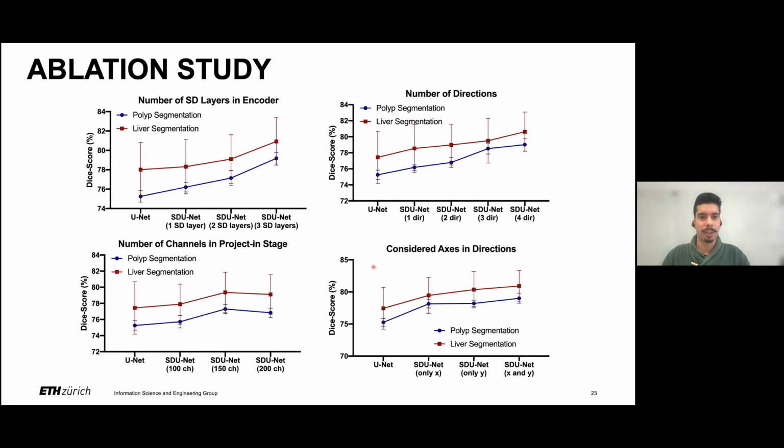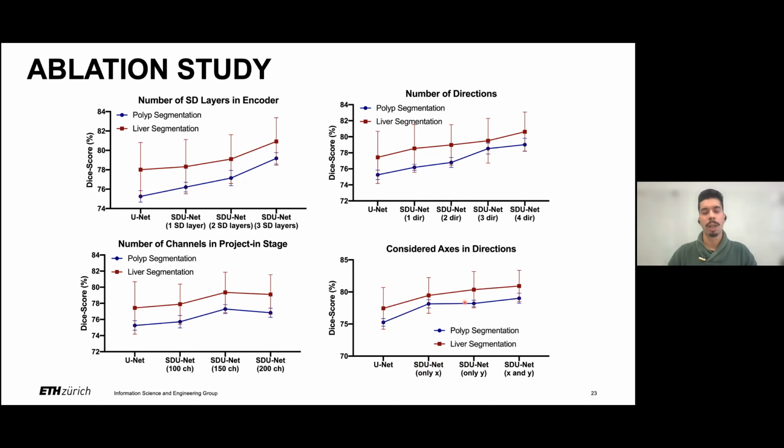Here, if we look at the axes that are considered, if we compare the UNet to the STUNet with only the X axis, you see an increase for both of the data sets. But when we compare this to only the Y-axis, we see that for polyps there is not such an increase. It might be because this kind of structure has none of these directions contributing specifically to the modeling.